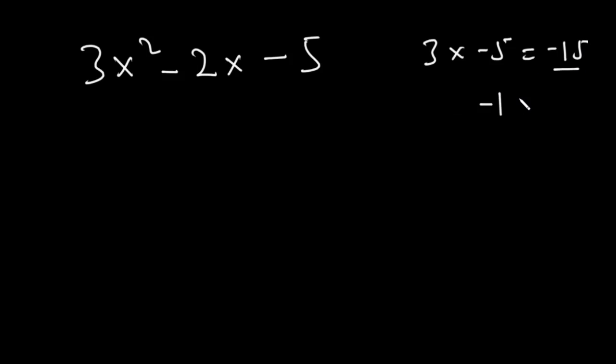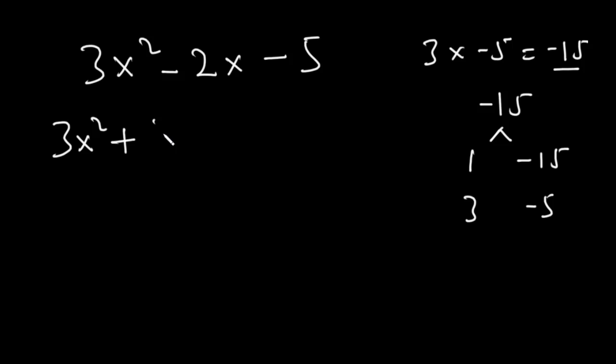Now factors of negative 15 are 1 and negative 15, and then 3 and negative 5. Now 3 minus 5 is equal to negative 2. So this expression can be expanded to have 3x squared plus 3x minus 5x minus 5. So let's group like things.